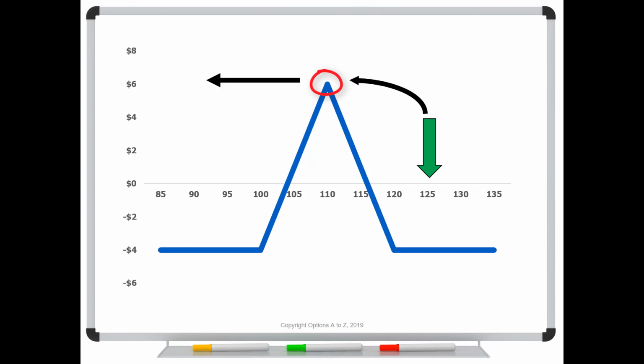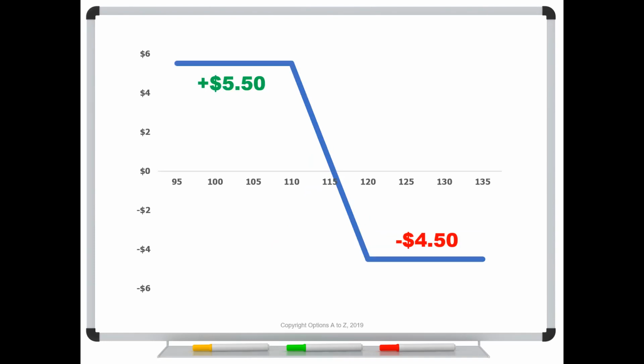Well, if our outlook is that we are expecting a fast, aggressive move in the opposite direction, it's kind of unrealistic to think it's going to suddenly stop right at 110. Highly unlikely. We're putting the odds more in our favor because when I morph from this look into this, see, I don't just need the stock to stop at exactly 110, like I did for the butterfly.